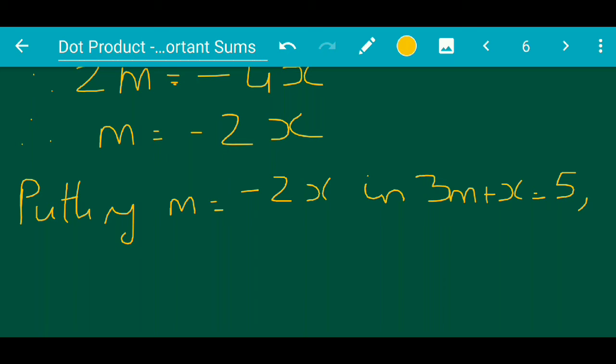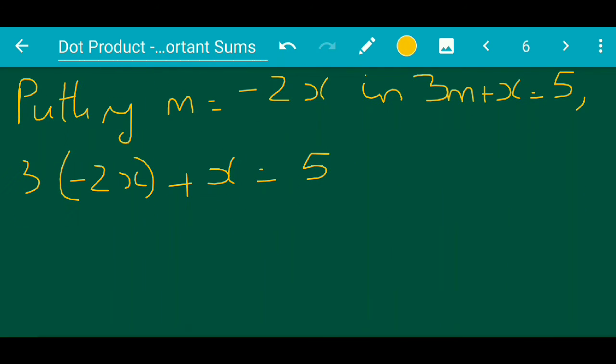We are going to get 3 into minus 2x plus x is equal to 5. And therefore, minus 6x plus x is equal to 5, and therefore by solving it, x comes out as minus 1.